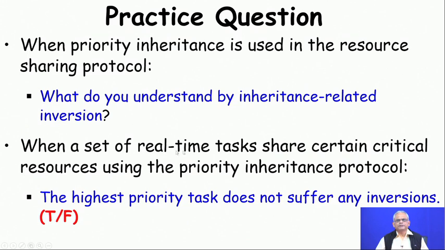When a set of real time tasks share certain critical resources using the priority inheritance protocol, is it true that the highest priority task does not suffer any inversions? Let me repeat the question again. If we have a set of real time tasks that share critical resources and they are using the priority inheritance protocol, is it true that the highest priority task does not suffer any inversions?